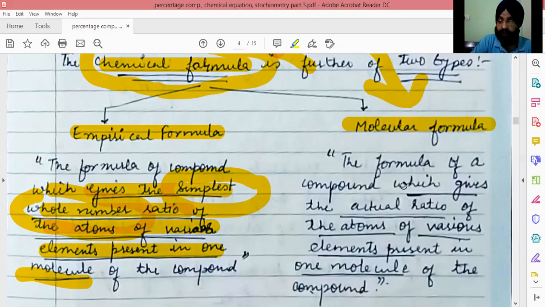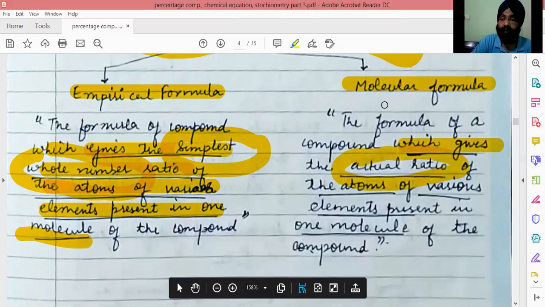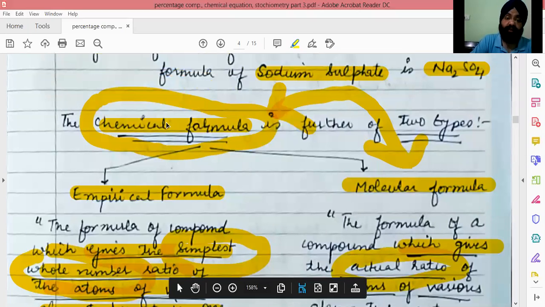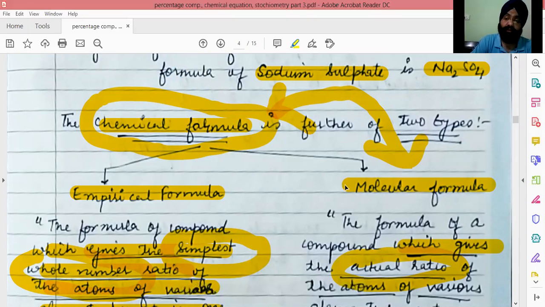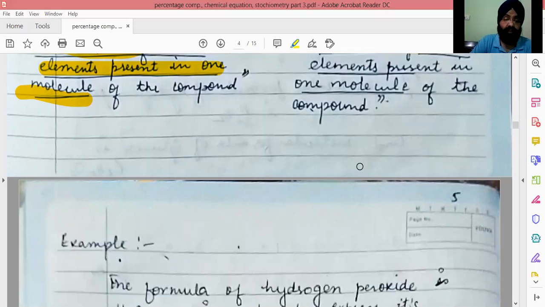And the formula which gives the actual number of atoms of various elements in one molecule is known as the molecular formula. In general, we write chemical formula and molecular formula the same, but chemical formula is of two types: empirical formula and molecular formula. The empirical formula gives the simplest whole number ratio, and the molecular formula gives the actual ratio of the atoms.